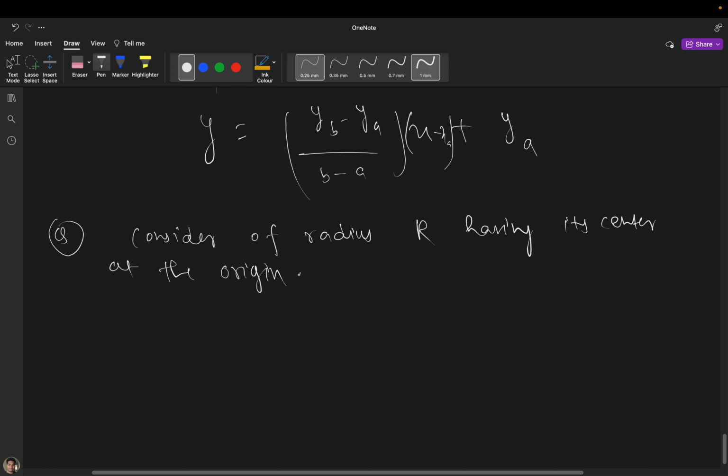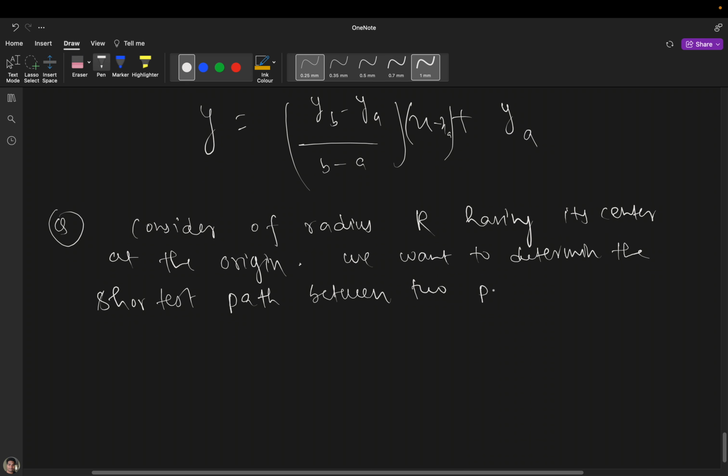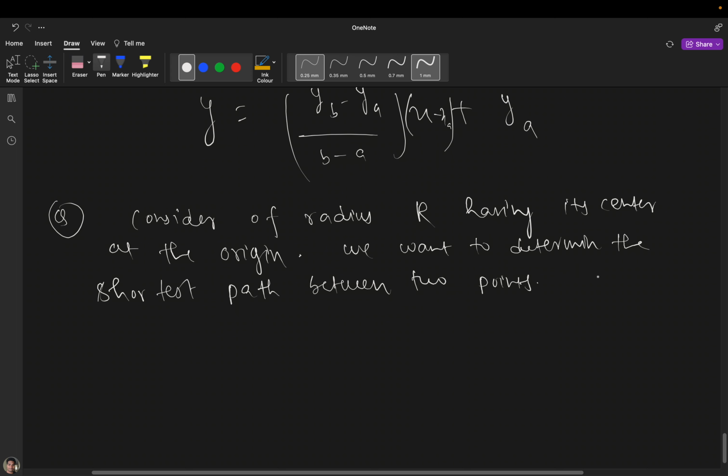We want to determine the shortest path between two points on the sphere.